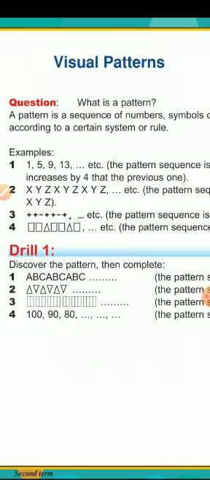I think we subtract 10 from 100. Yes. 90 becomes 80. Also you subtract 10 from 90. To get the number after 80, you have to subtract 10 from 80. So 80 minus 10 equals 70. So the number after 80 is 70.